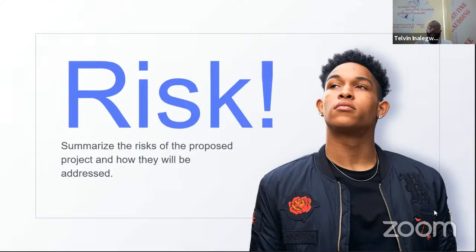Then some of the risks are hoodlums or bandits that may attack you on the way to take your produce. If you have identified these risks, how can they be addressed? You no longer use road, or you supply in lesser quantity. So you summarize the risks of the proposed project, and then also how these risks will be addressed.